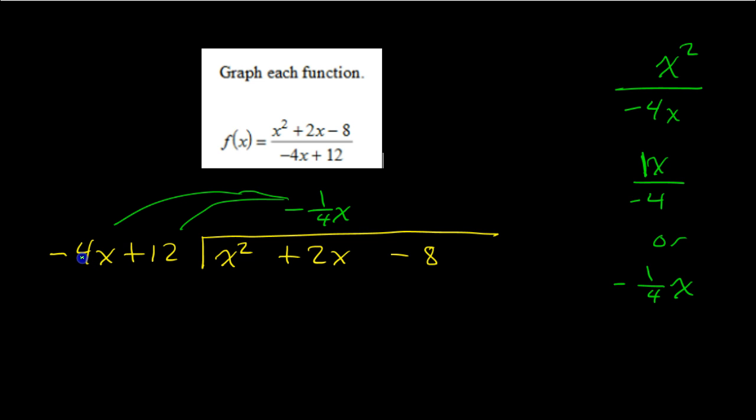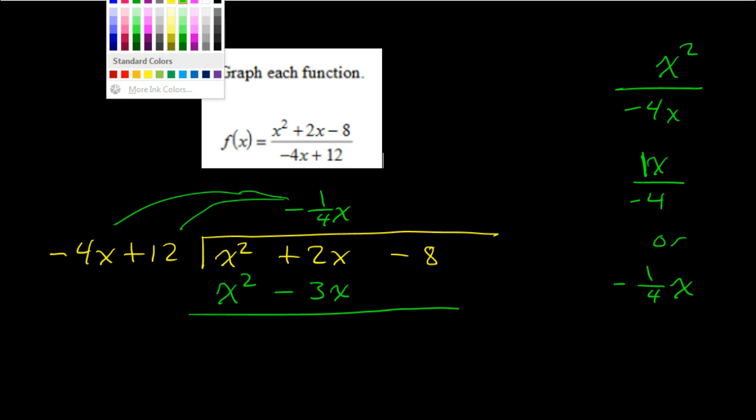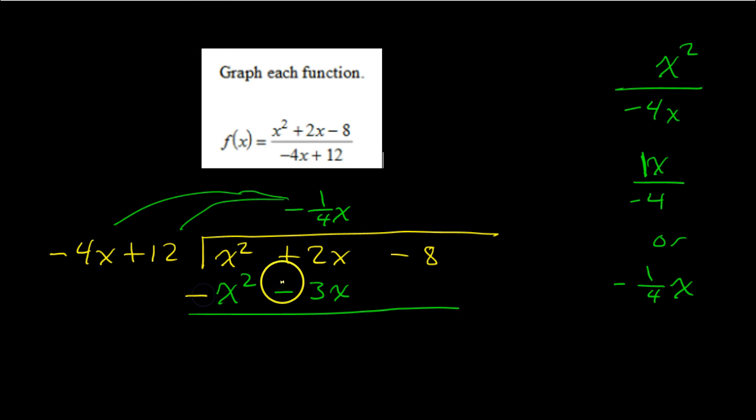So I'm going to get a positive 1 when I do this. Negative 4 times negative 1/4 is 1. X times x is x squared. A negative times a positive is a negative. 1/4 times 12 is 3, because 12 divided by 4. And then I'll have the x. Then I will subtract by changing the sign. So this will be minus and this will be plus. These will cancel out, but this will make 5x.